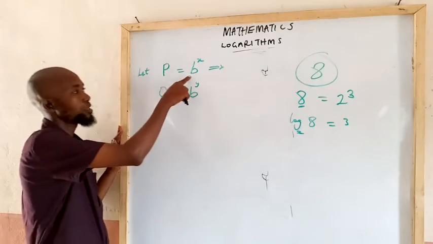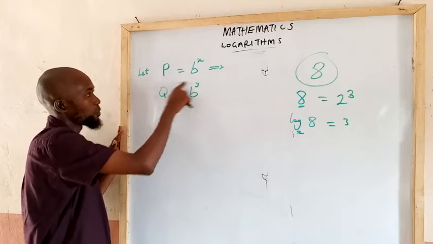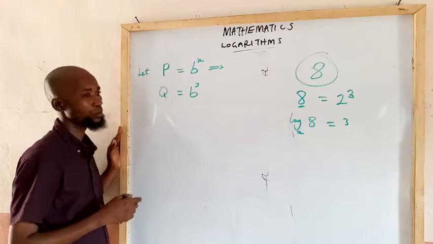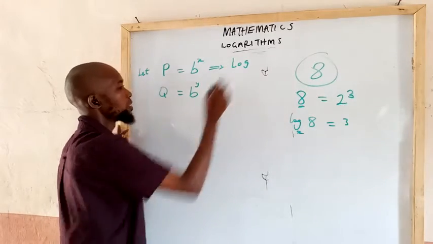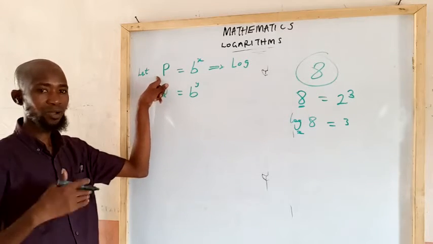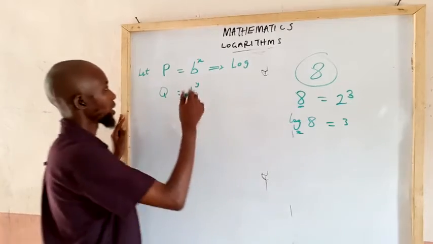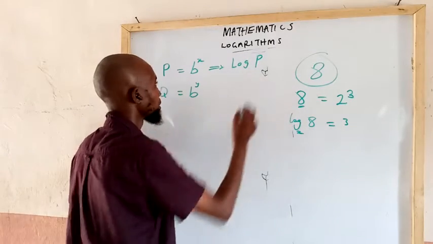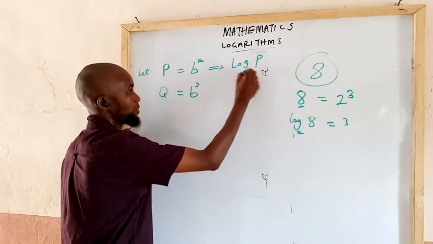To present this result in logarithm form is to say log of, remember what we are talking about, this number. So if we have to take a log, it has to be log of this number which we are discussing, so that this is log of p, making use of this base. That's the reason why my b will be here.